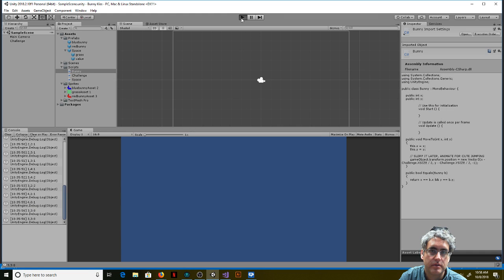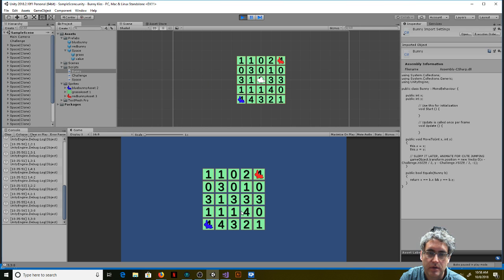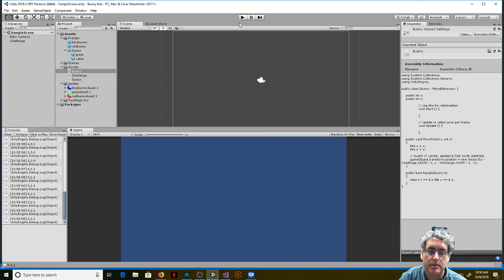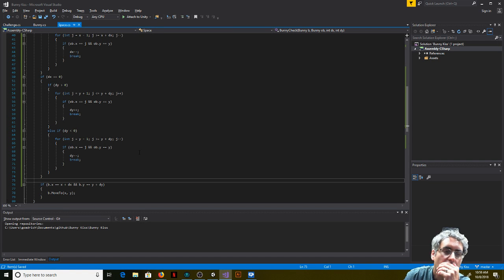Okay, so let's see if we can randomly create a situation where this would work. Can't get anybody to move. Okay, I have broken movement completely. Let's see what's going on.